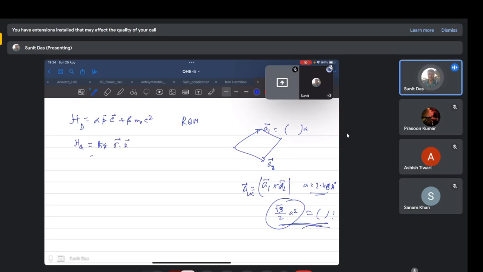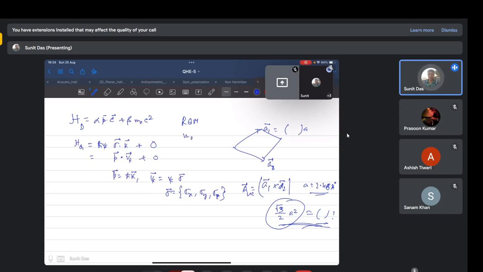If we rearrange, vF is the velocity and h bar k is p. So this is p dot vF, where p is h bar k and the vF vector is vF times the sigma vector. The sigma vector is composed of the three Pauli matrices, sigma x, sigma y and sigma z, and there is nothing else.